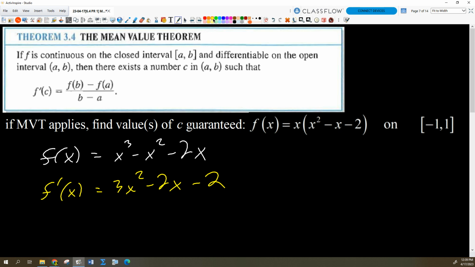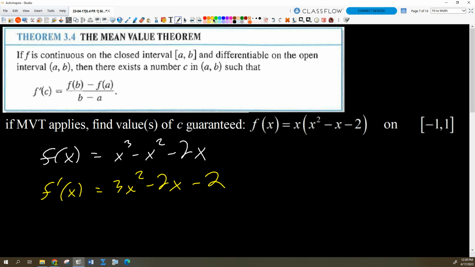The derivative is continuous on that interval, and therefore it's differentiable. This is another one of those relationships in calculus where differentiability is just continuity of the derivative. So the function is continuous, and its derivative is continuous, which means the function is differentiable. Anybody buy that? So then we meet the criteria. It is smooth between -1 and 1.